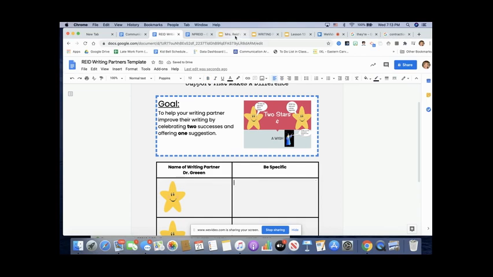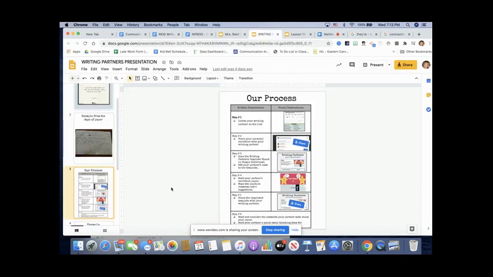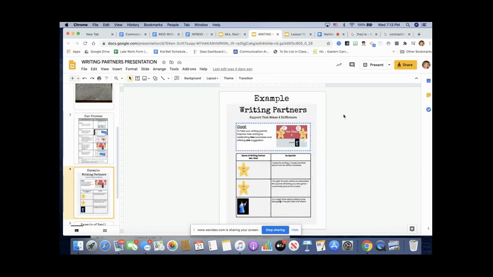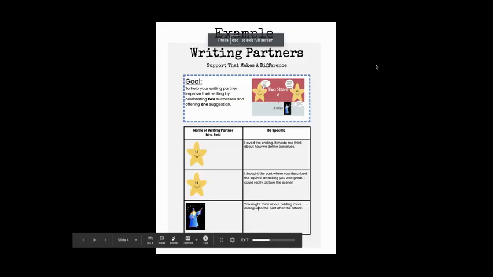Now, you are going to read your partner's narrative paper, and you are going to make 2 positive comments and 1 suggestion. So you want to make sure that you are really specific about what is positive.